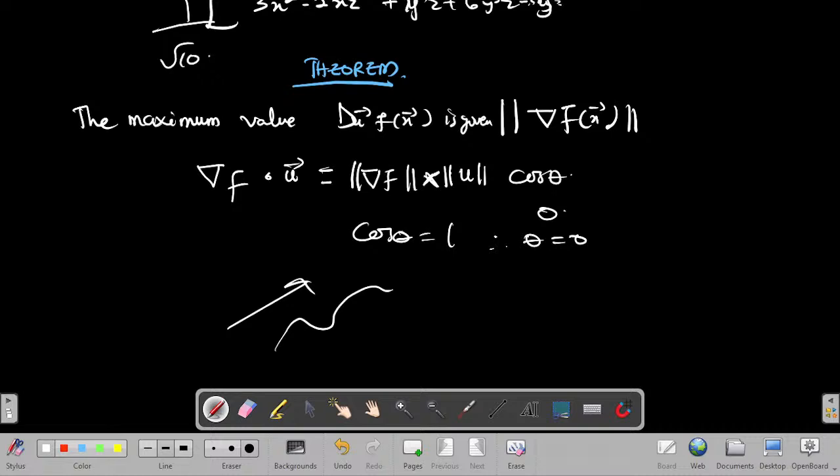The word problem actually. So this is a problem.